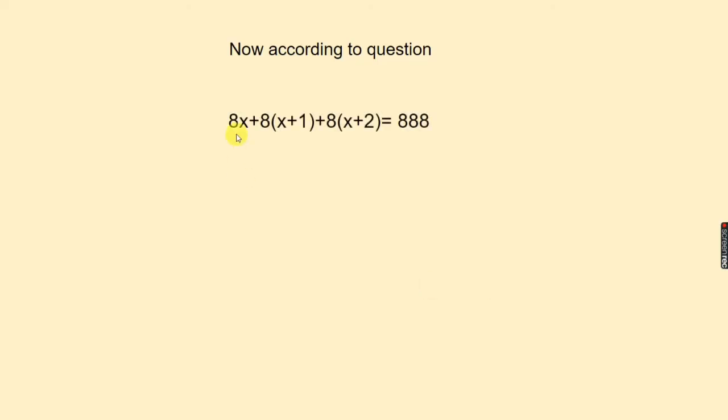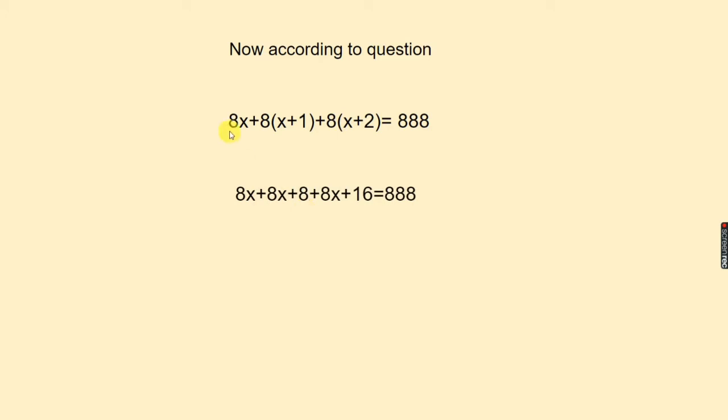According to the question, 8x plus 8 into x plus 1 plus 8 into x plus 2 is equal to 888. First of all we would solve the brackets. We multiply 8 with x and 8 with 1, then 8 with x and 8 with 2.